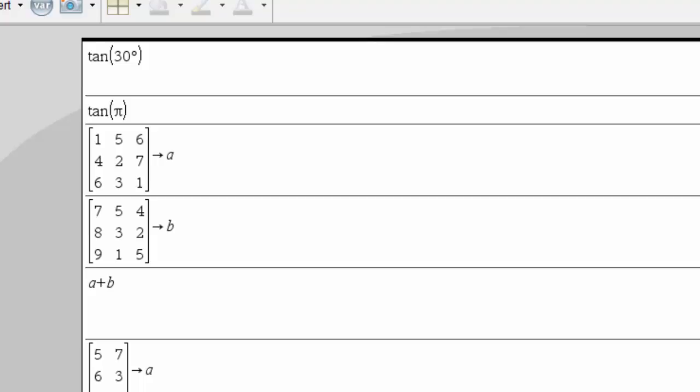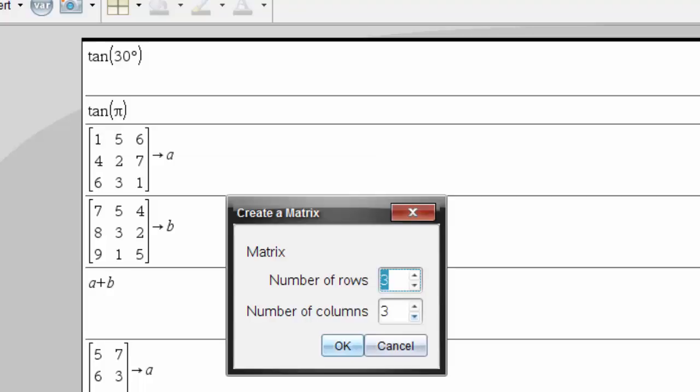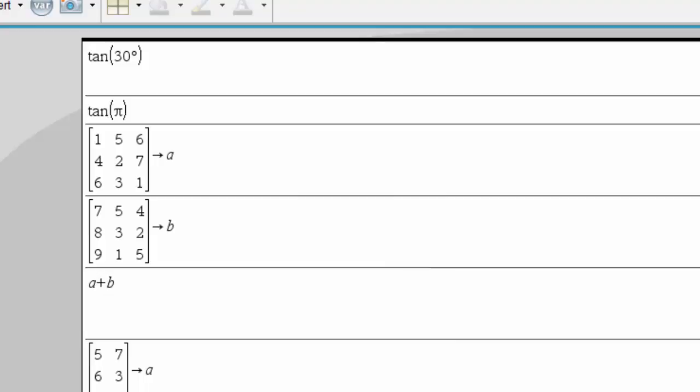Same thing. Let's say we wanted another matrix, and if we want to add them, they need to be in the same order. So again, you just put whatever values that one has. You put the real values from your exercise. Okay.